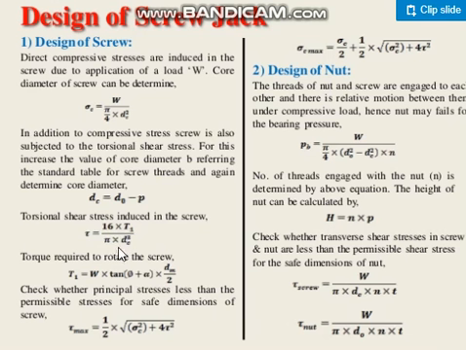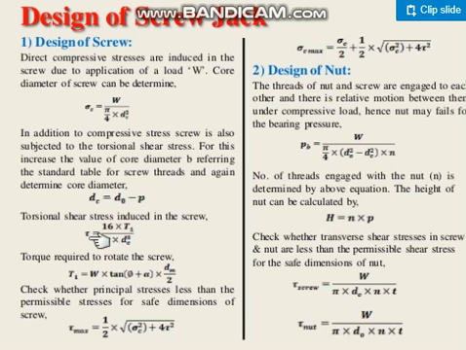In this formula, the torque required to rotate the screw we have the formula: T1 is equal to W into tan (phi plus alpha) into dm by 2. So from this you get the torque, and you have got DC. All these values are known, so now you can find out the shear stress.